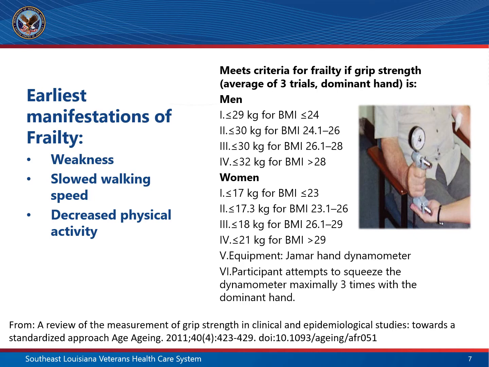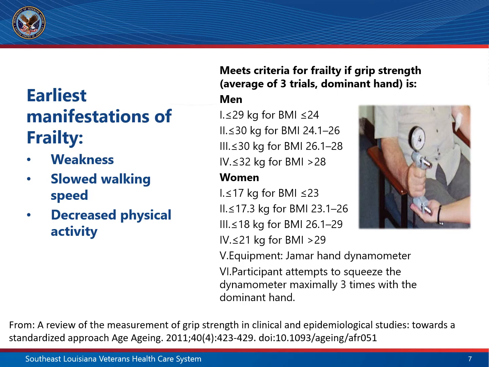I put the Jamar hand dynamometer on this slide because I had given a talk on frailty to a group of older nurses a few years ago, and I went into how to detect whether somebody is frail, and I found the physical therapists use this dynamometer to measure grip strength, and there is a list of how they measure it and what defines frailty.